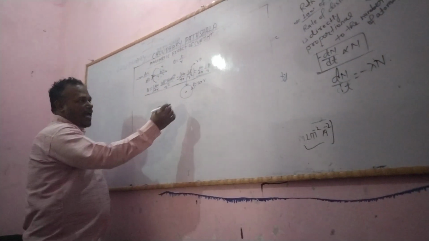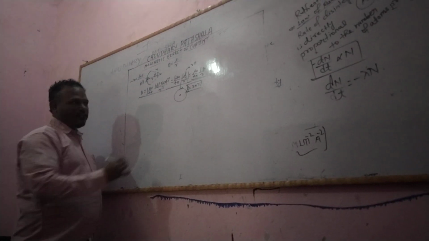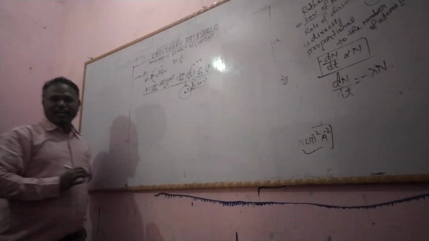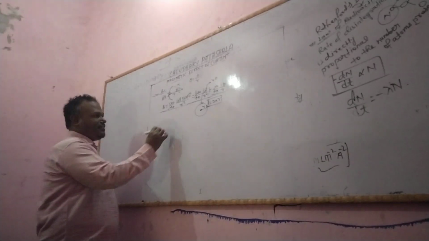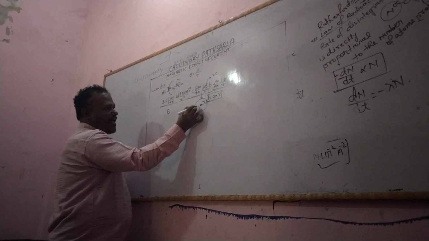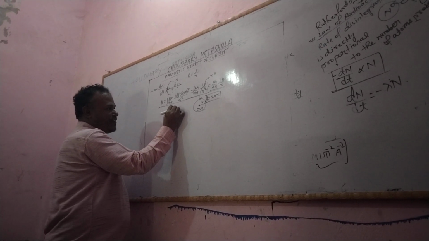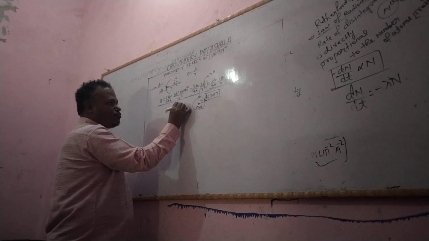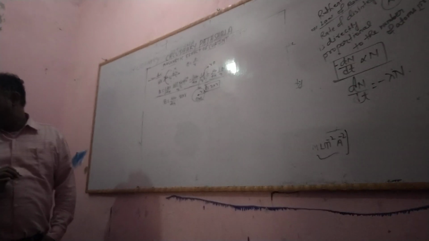So L must be equal to 2 pi r. If the radius of this circle is r, then we can find the magnetic field here, and the magnetic field at the center of the circle can be given as mu naught upon 4 pi, and now L will be equal to what? The total length of the circle is 2 pi r.